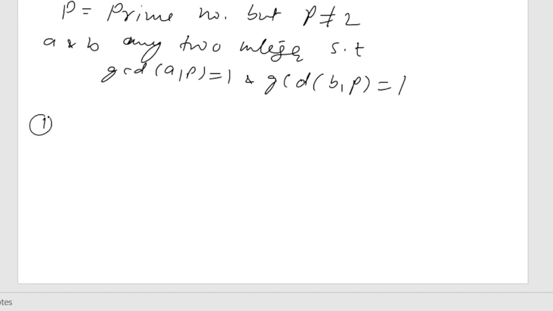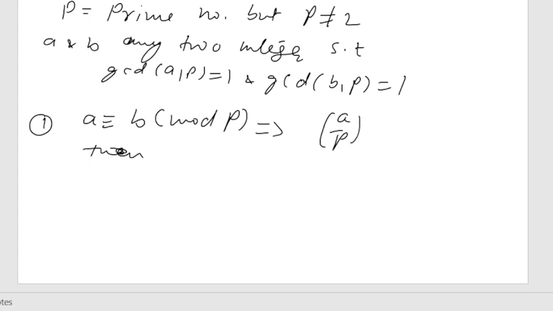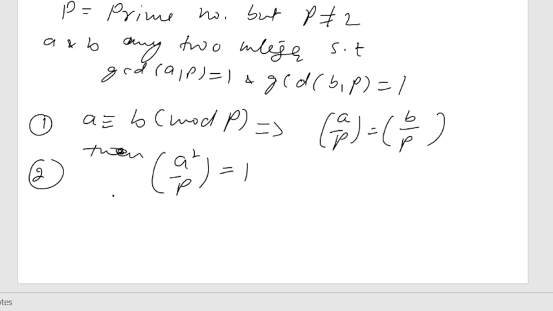Number 1. The first property is, if A is congruent to B mod P, then the Legendre symbol of A by P is equal to the Legendre symbol of B by P. The second property is, the Legendre symbol of A square by P is always equal to 1.